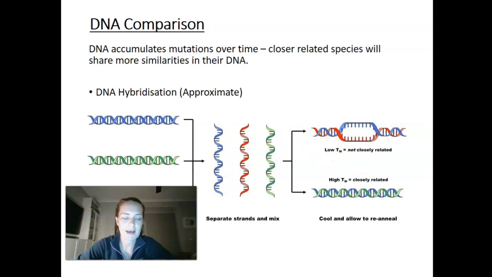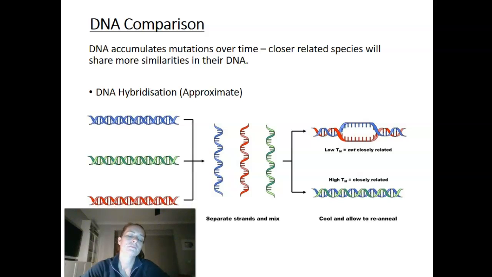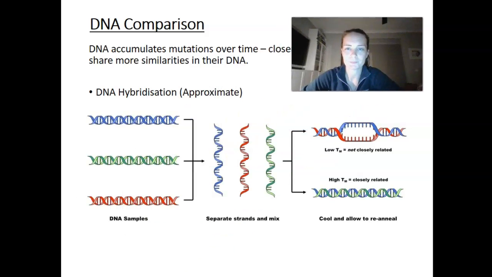Okay, so looking at DNA comparisons first, we can establish how alike two species are if we look at their DNA sequence, and there's a particular sequencing technique that I'll talk about in a minute. But if we want an approximate idea of how alike two species are, we can use something called DNA hybridization. That's where we take the DNA samples of a group of species that we want to compare.